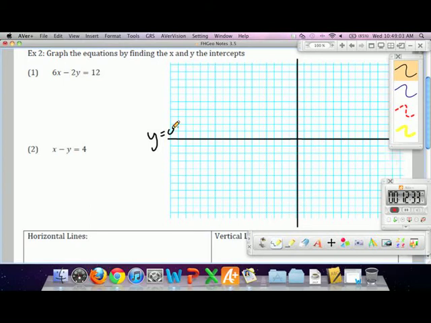Well, if I want to graph using the intercepts, I can find the points where my line crosses these two axes. That gives me 2 points and I can just draw a line through. The point where the first line crosses the x-axis has to be when the value of y is 0. So if you plug in 0 for y and figure out what x is, that tells you the x-intercept.